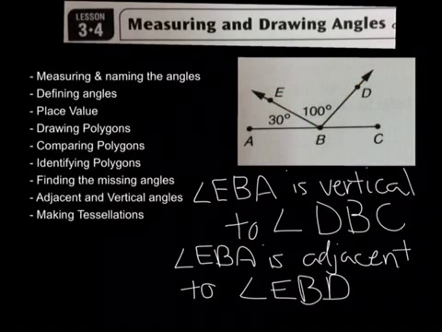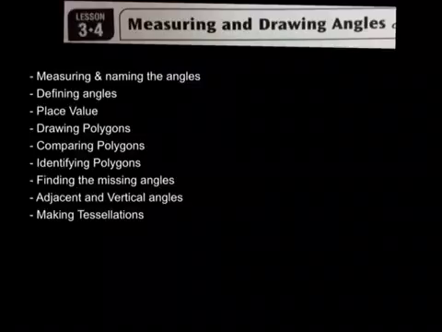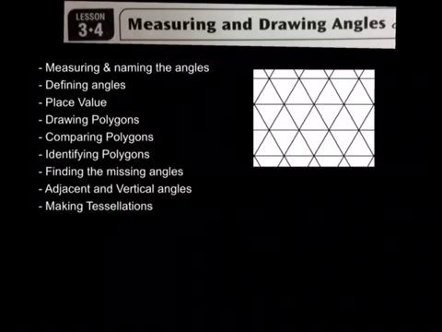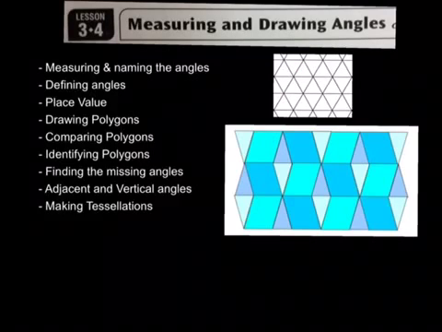There you have it. And for the last skill, making tessellations. Tessellations can look as the following. It could be something as simple as a tessellated group of triangles, which look to be equilateral. Yes, they're all equilateral triangles. It could be a combination of rhombuses, parallelograms, or isosceles triangles, as you see there.